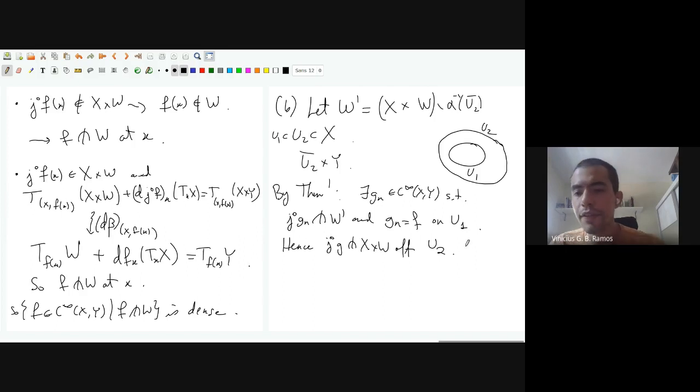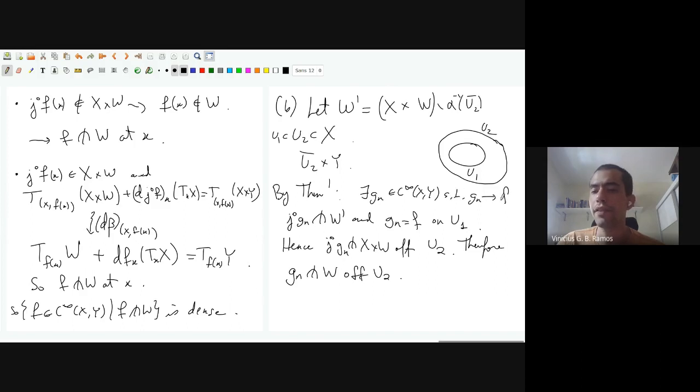And as above, by applying d beta, we get that g_n is transverse to W off of U2. And of course, we chose a sequence such that g_n converges to f in the infinity topology. Okay, so that's it.